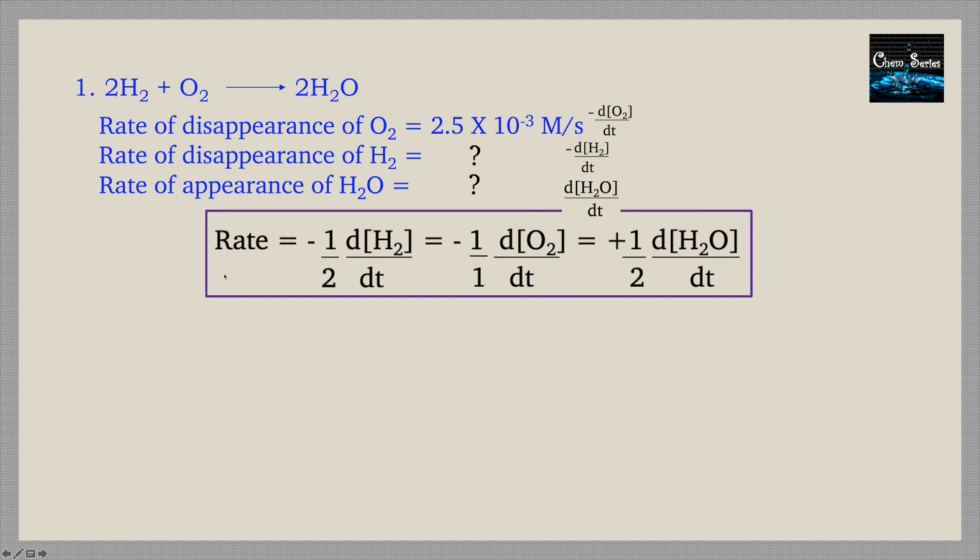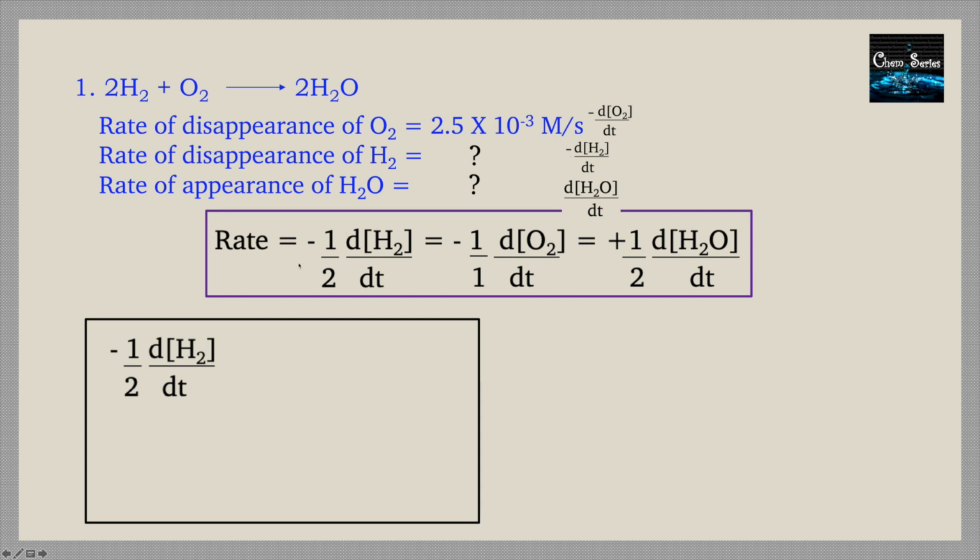So the rate shows that this term is equal to minus 1 by 2 dH2 by dt and plus 1 by 2 dH2O by dt. So in order to find out the rate of disappearance of H2 and rate of appearance of H2O, we have to find these two terms. Okay, from that we can get our desired answers.